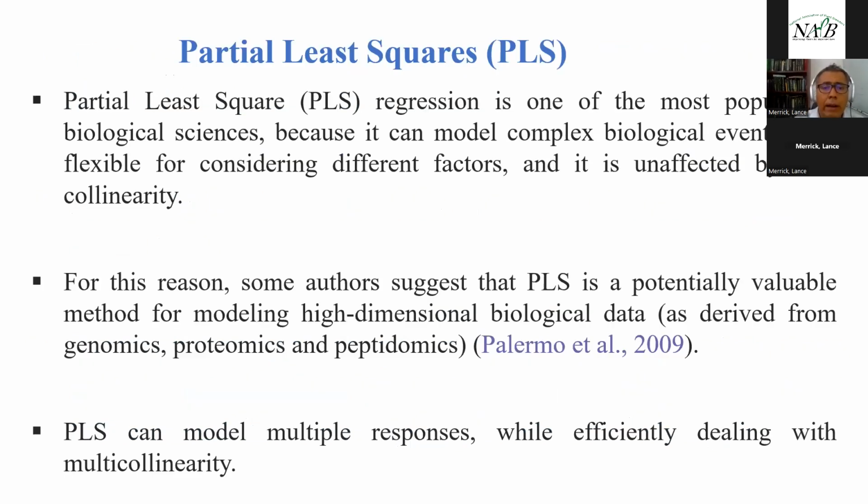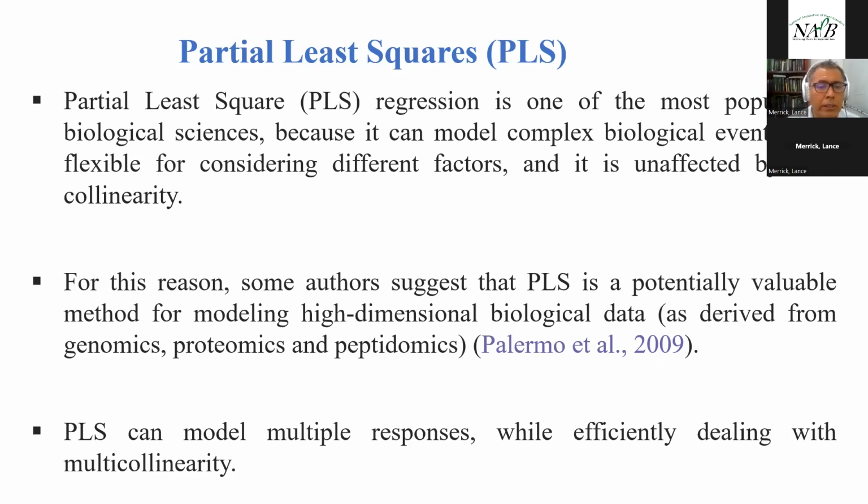Next, I will move to the last model for implementing multi-trait models, and this is partial least squares. Partial least square regression is one of the most popular in biological science because it can model complex biological events. It is flexible for considering different factors and is unaffected by collinearity.